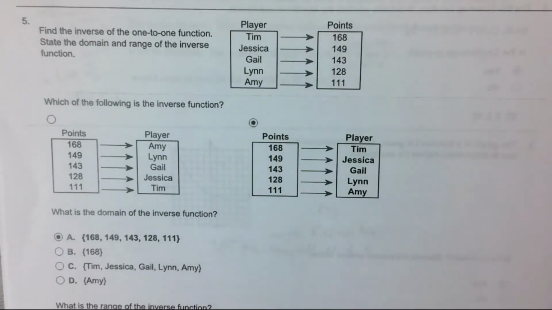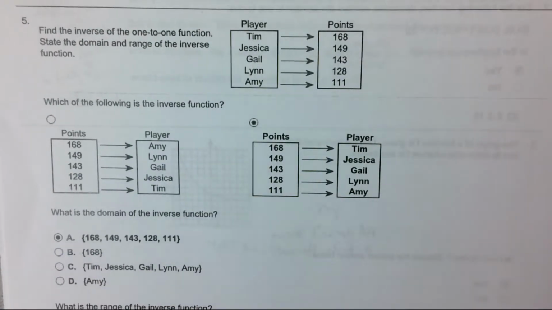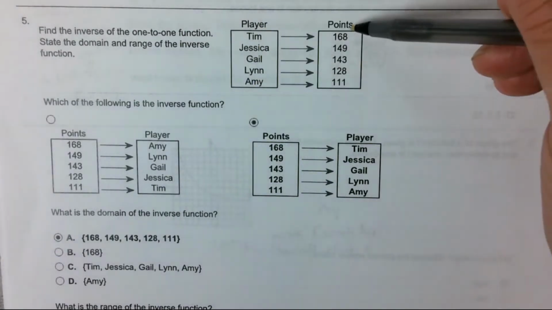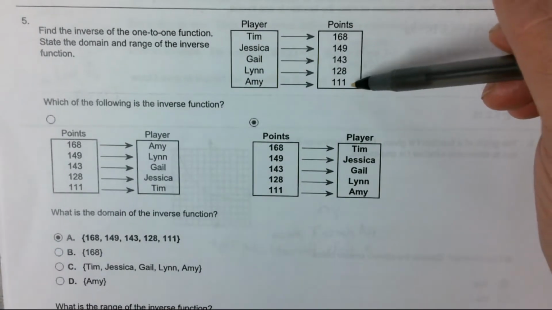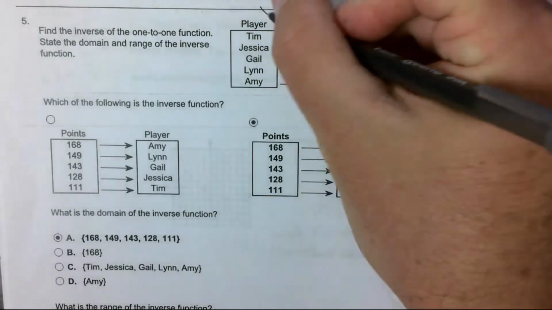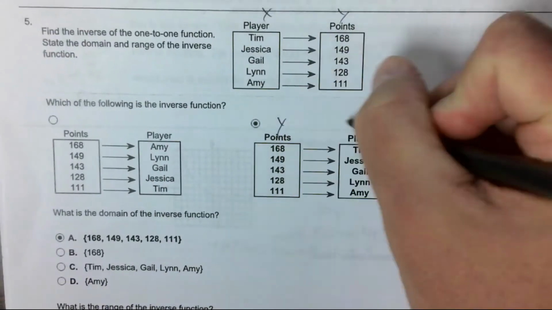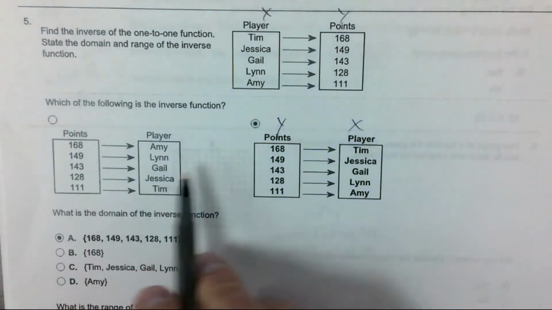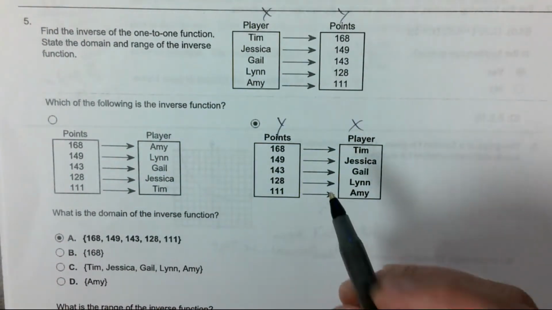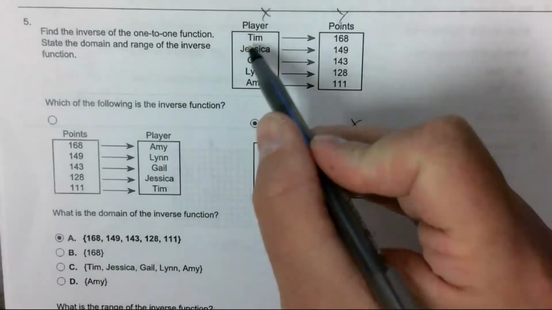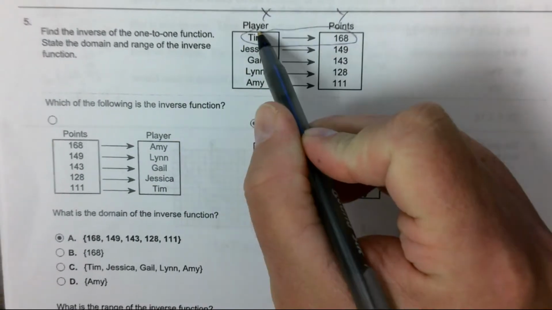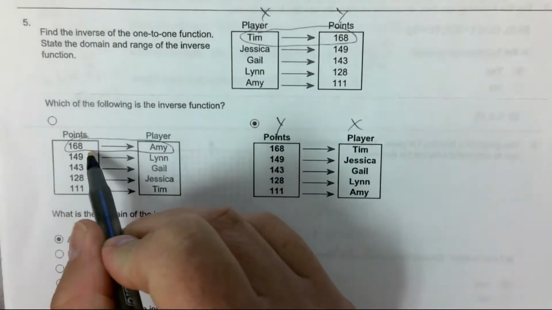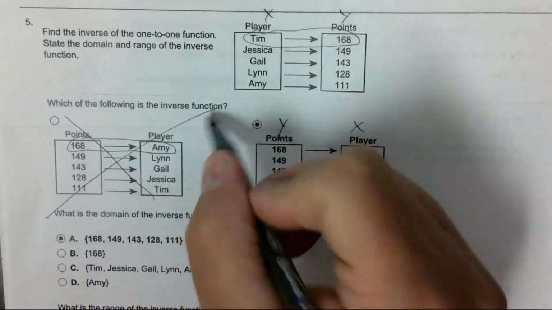Okay, now we're on the one where you have names of the player and you have your points. So for the inverse, you'd need points and then the player. Both of these have points, then the player, but what you notice is that 168 corresponds to Tim, and here it says 168 corresponds to Amy, which cannot be the case.